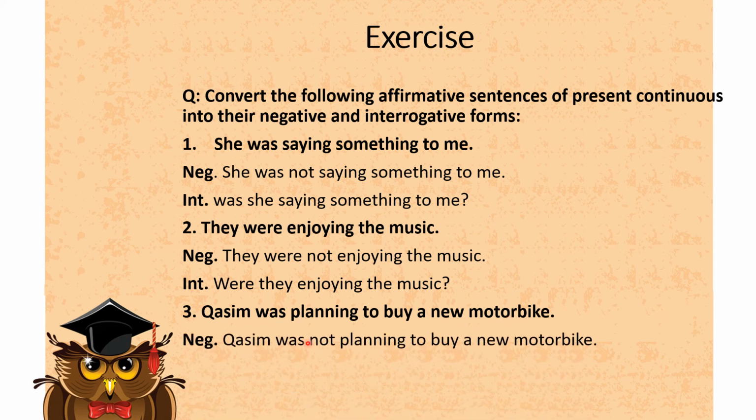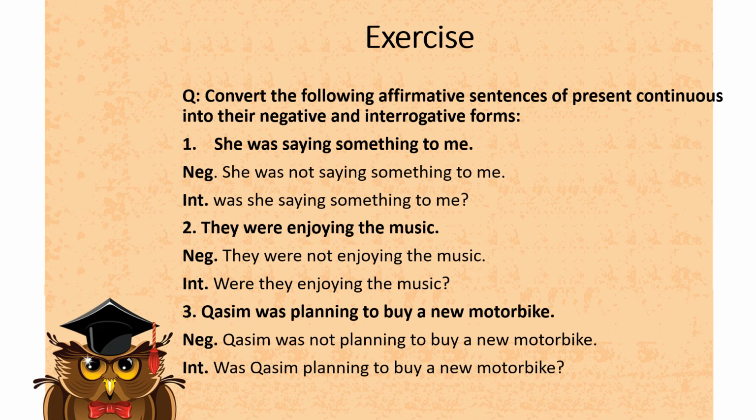You will add not in between was and planning, and your sentence would become Qasim was not planning to buy a new motorbike. And this is your interrogative statement. Was Qasim planning to buy a new motorbike?